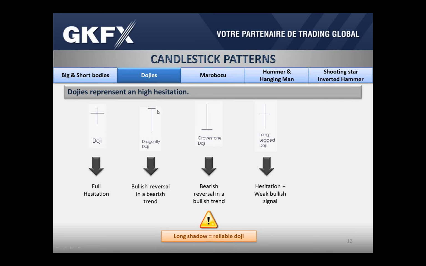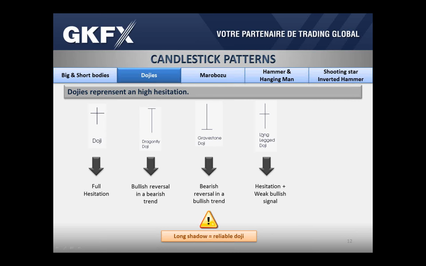Now the other one is a dragonfly doji. There is some hesitation, but it's still a doji giving you a bullish signal, which can announce a bullish reversal in a bearish trend. And the contrary, the gravestone doji: this one is giving a bearish signal, a bearish reversal in a bullish trend.